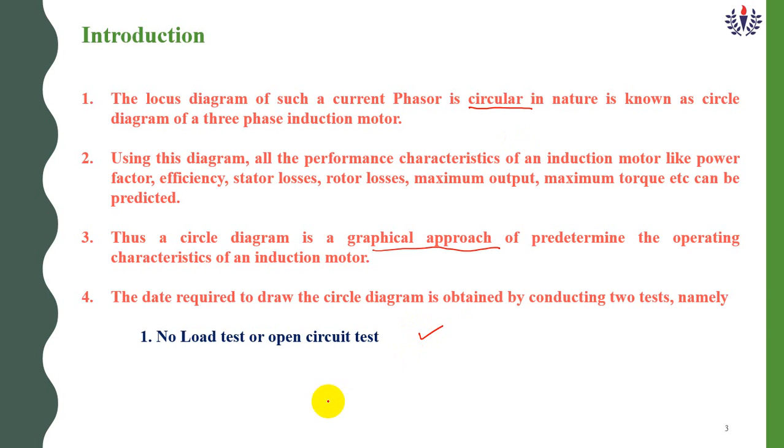The second test is the blocked rotor test, also called the loaded test or short circuit test. By using these two tests, we are going to construct the circle diagram.